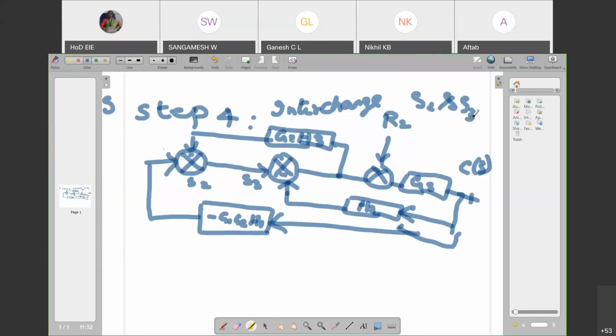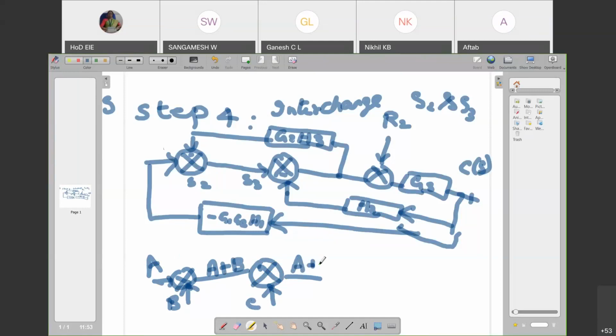So according to the block diagram rule, I just want to tell you that if I have some element with A, B, assuming that all are positive, A plus B, correct? And it is having C, A plus B plus C.